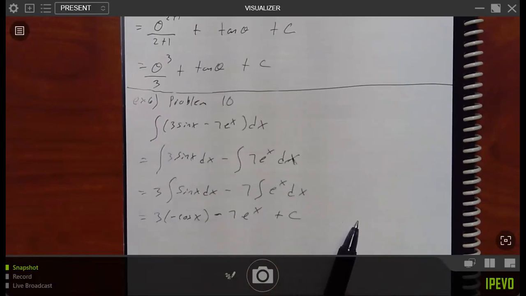It will always be a C if it is indefinite. Okay, that's pretty much it for this section. Is that making sense? Seem doable?